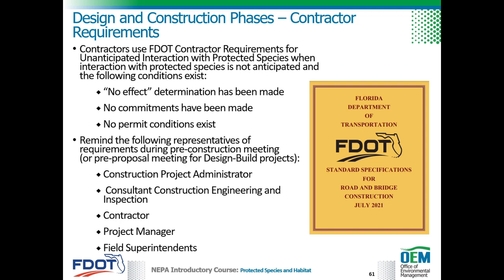A link to these requirements is provided in Section 7-TAC 1.4 of the FDOT Standard Specifications for Road and Bridge Construction. These contractor requirements address common protected species that may be encountered on FDOT projects and provide guidance in the event that a protected species is encountered during construction activities.